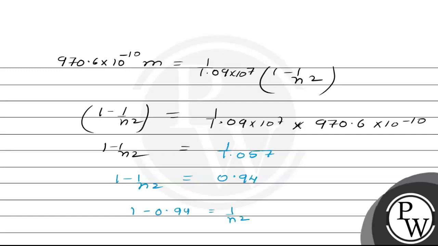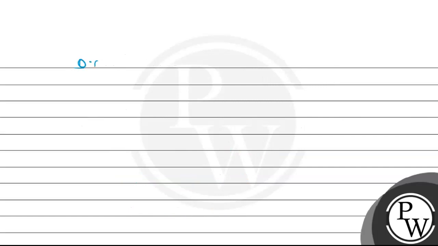So 1 minus 0.94 is 0.06. This is equal to 1 upon n square, and for n square this is 1 upon 0.06. So the value of n we will get from here. This is approximately equal to 16.66.